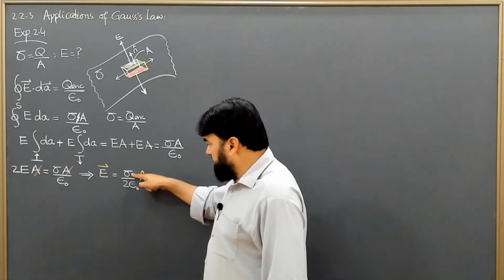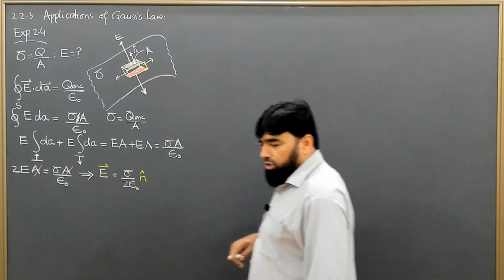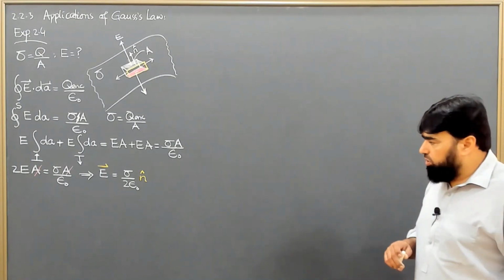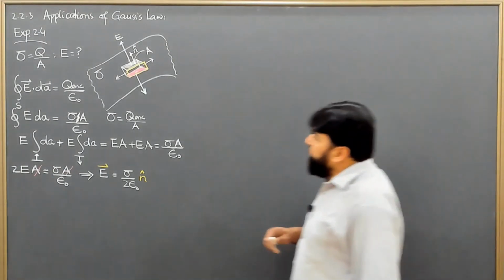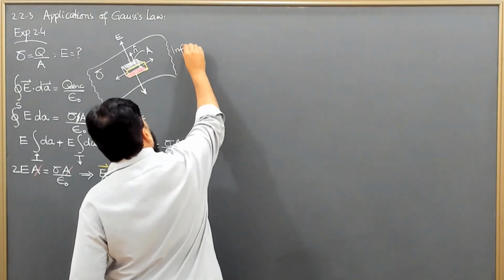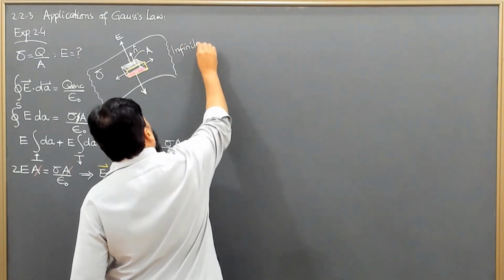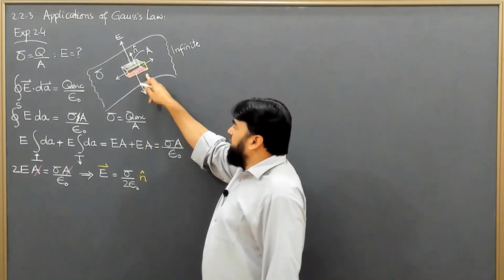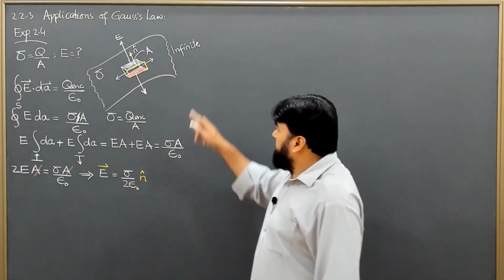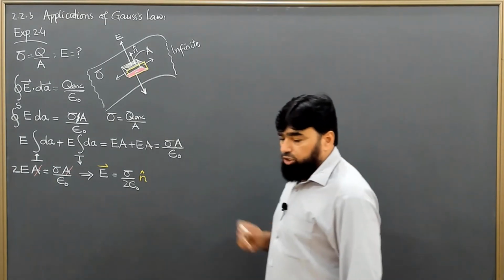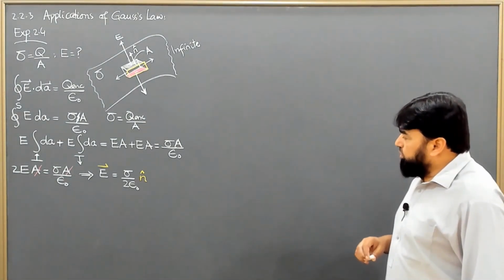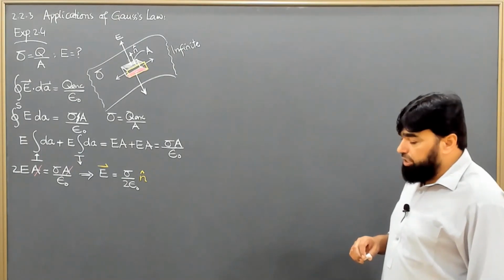Sigma is constant, 2 epsilon naught is constant, so the electric field is constant. The reason for this is that we have considered an infinite sheet of charge. This is not finite. If this were finite, we would have a decreasing field. As this is infinite, we have a constant field and it will not be decreasing.